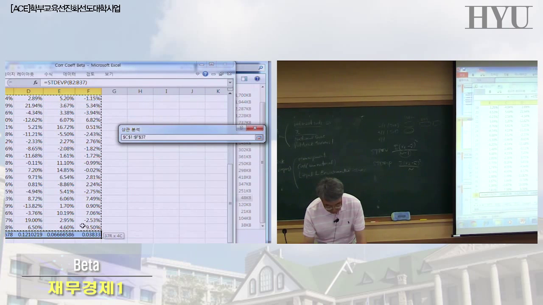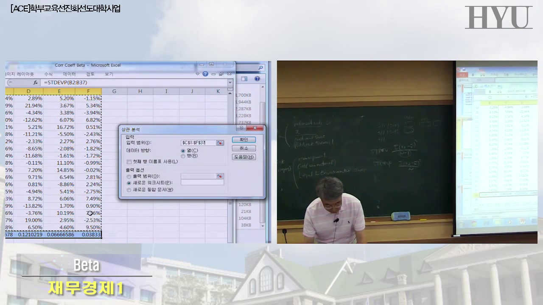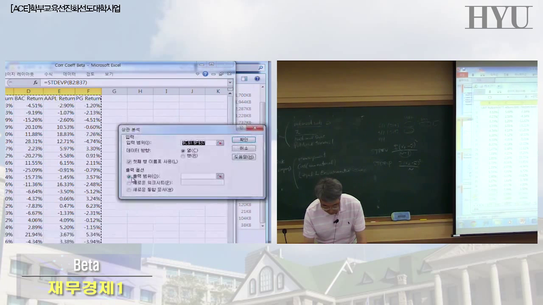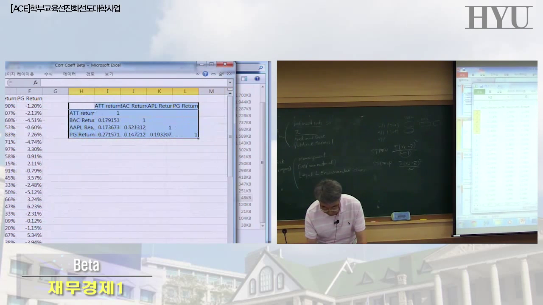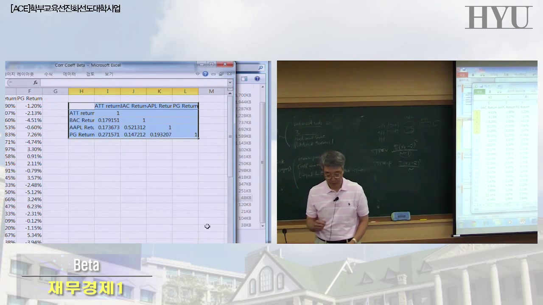Do not include the standard deviation. Just include all 36 stock returns, and make sure you check this box for labels, because you included a label. And you can specify where you want this output. I want it right here, and click OK. All right, we got the correlation coefficient matrix.